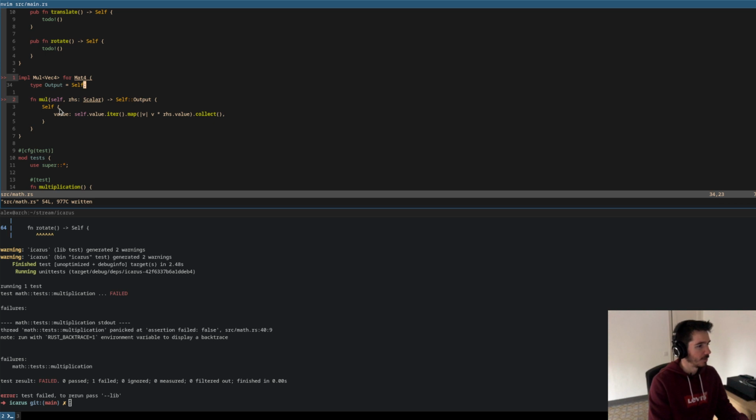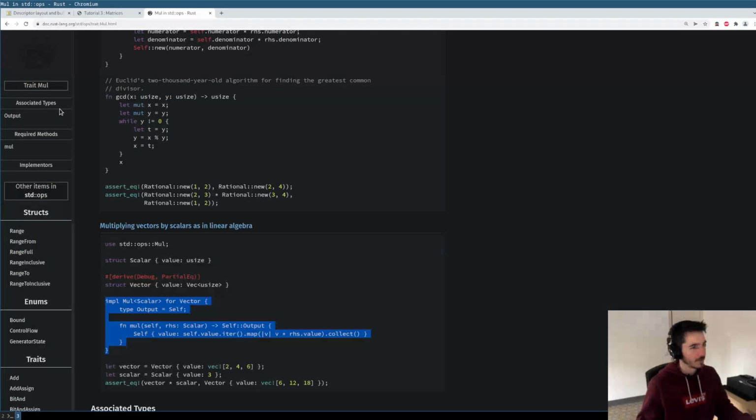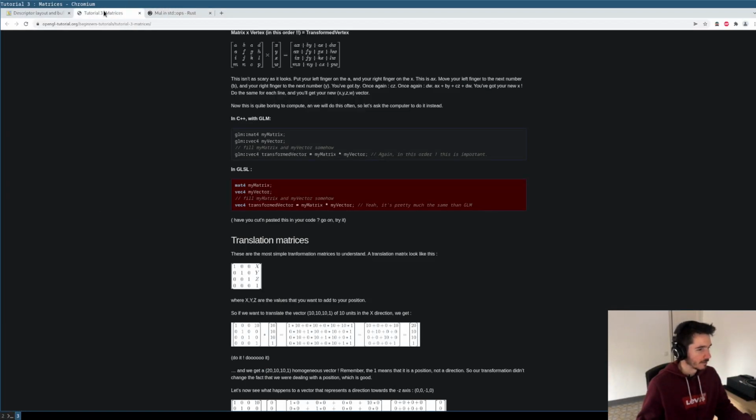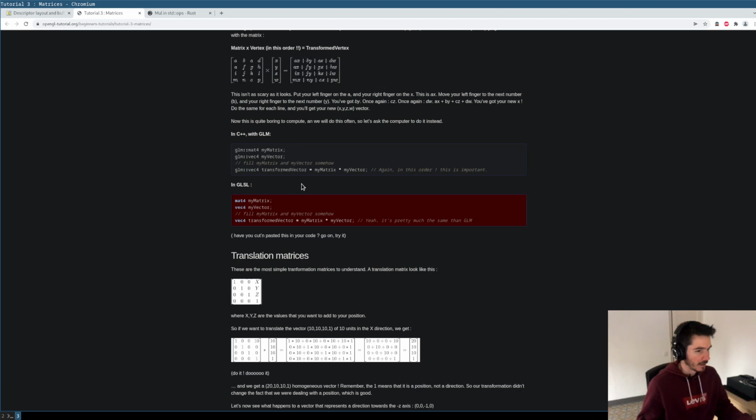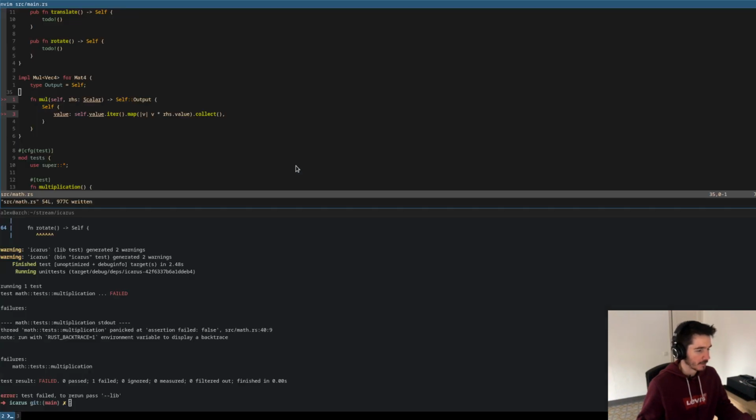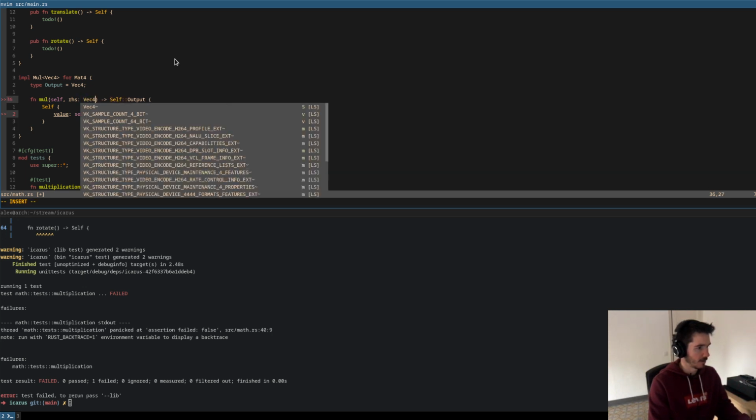The output of multiplying a matrix 4 by a vector is a matrix, I think. Yeah, no, it's a vector. That's right. So the output should not be matrix 4, but vec 4. Right hand side is gonna be vec 4.